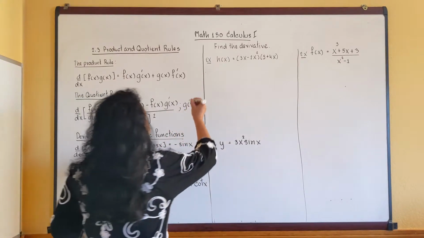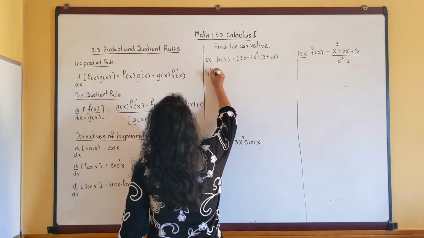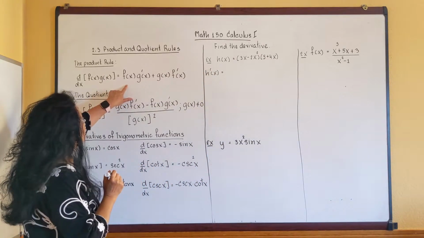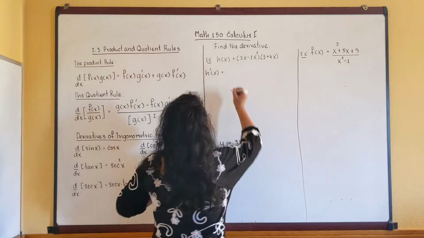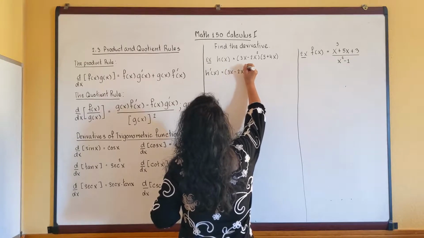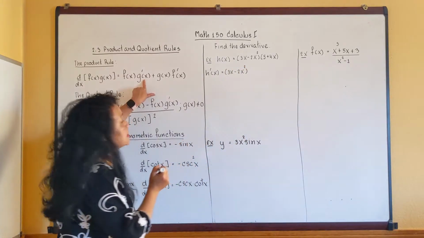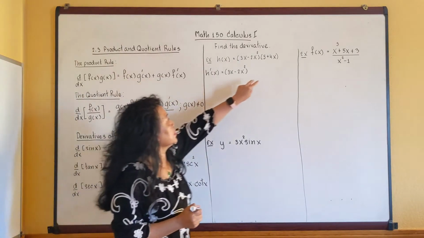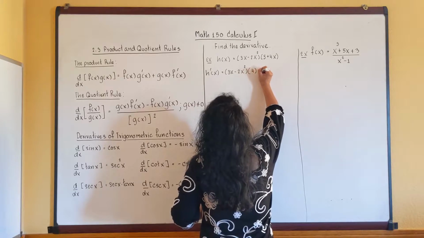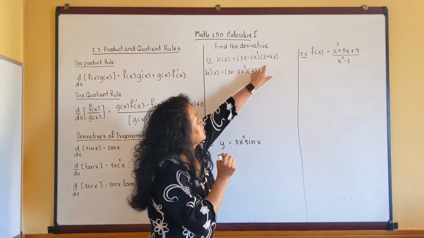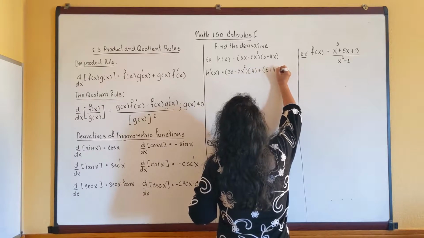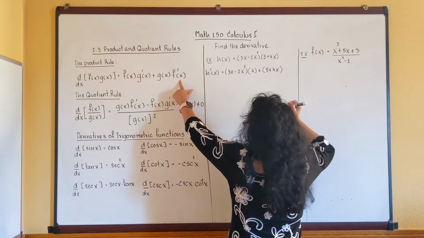So the derivative of the function is going to equal, you just write down the first function, so it's 3x minus 2x squared, times the derivative of the second. So this is the second. Derivative of the second is 4, plus the second, which is this one, times the derivative of the first.